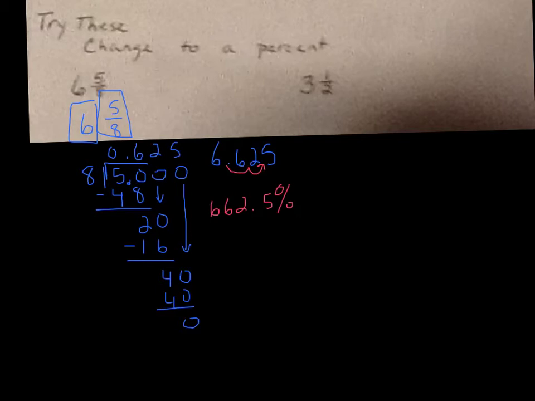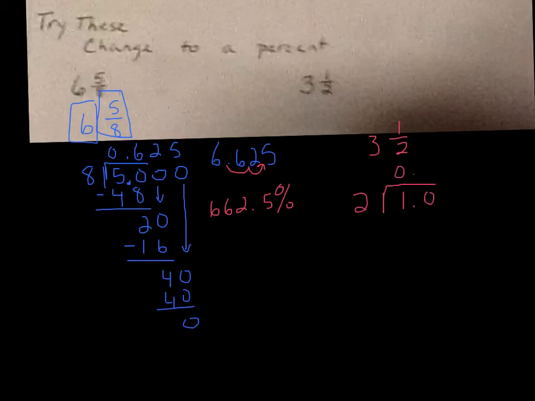All right, the last one we have 3 and 1/2. Okay, so hopefully, I would hope you actually know how to change 1/2 into a decimal really quickly in your head. But for those of you that don't, we're going to go ahead and do this. Okay, put the 1 on the inside and you put the 2 on the outside. Okay, you add a decimal because 2 can't go into 1, so you put a 0.